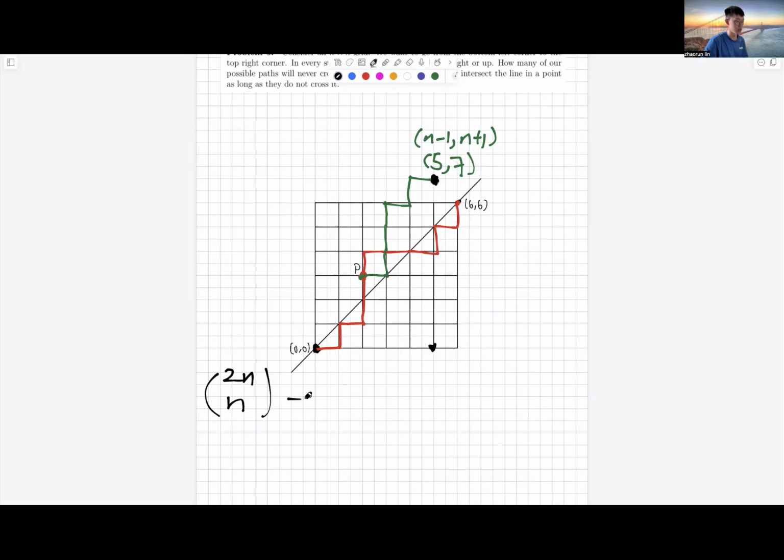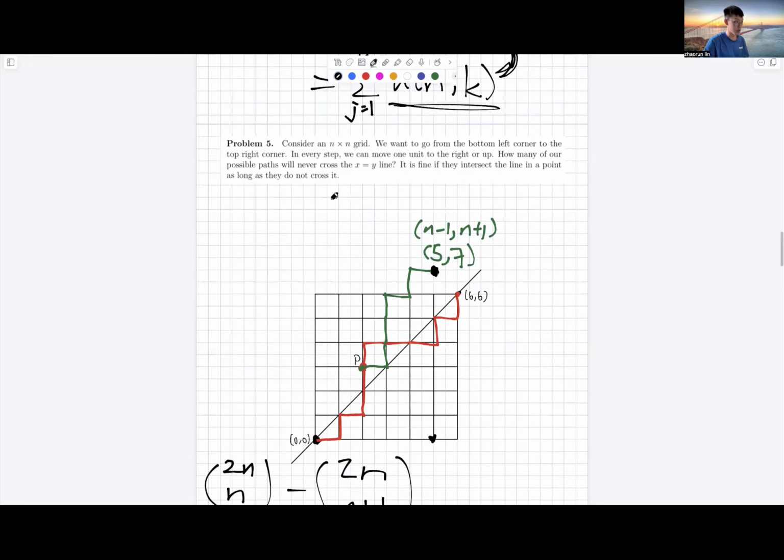So in total, it's still 2n, but this time we're choosing n+1 steps to go up, right? So this is how many ways we can go from (0,0) to (n-1, n+1). So this is the number of ways that we cross the line y equals x. And the total number of ways minus the number of ways that we cross the line is the remaining answer, the answer to this question.